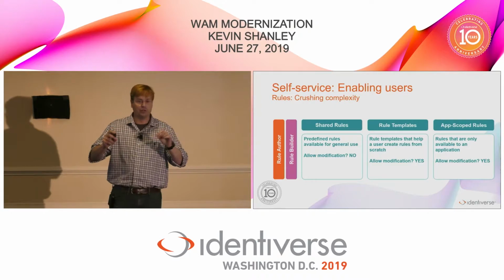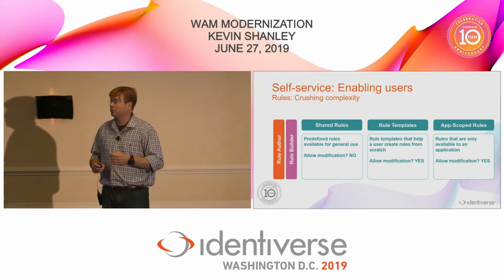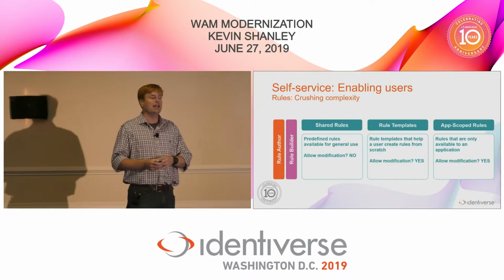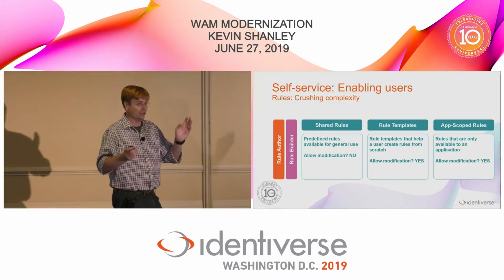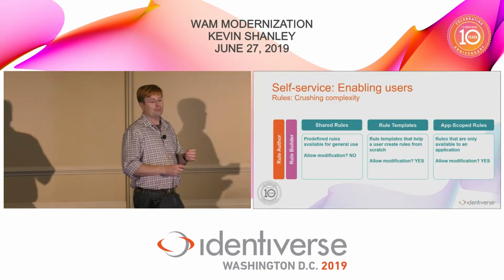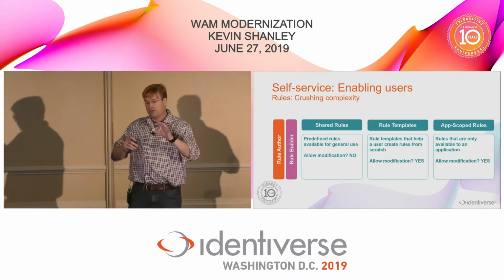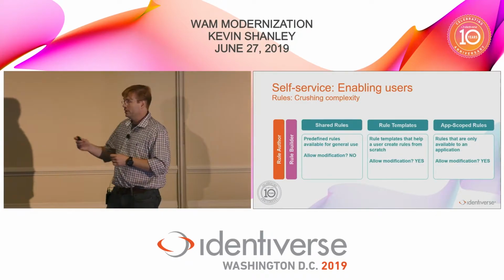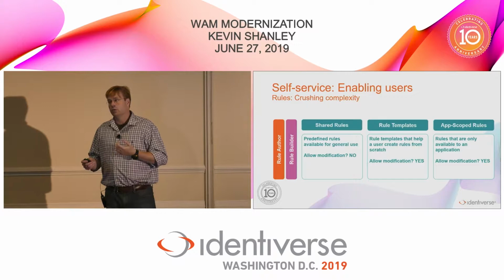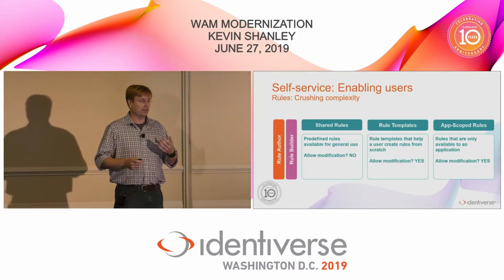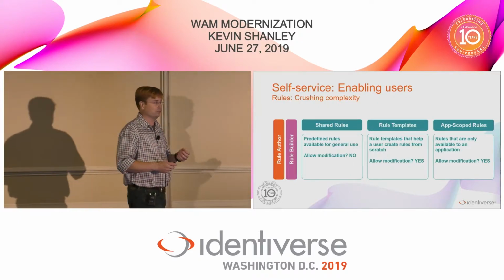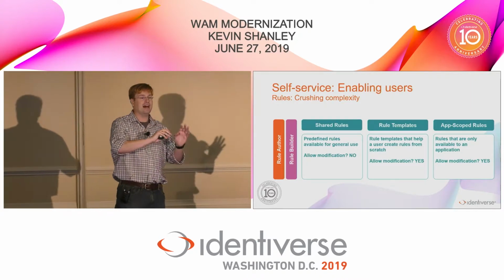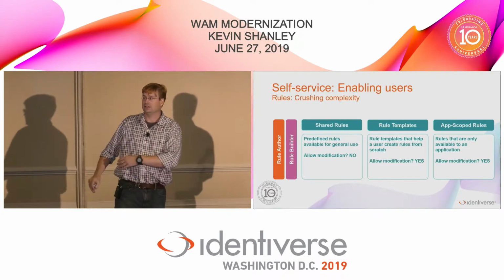We'll provide contextual help so that end users will be able to know what that rule actually does, and it's not just some rule name of local IP or something. And so we have a whole set of shared rules, but then if you do need to make your own rules, we created another thing called rule templates, where we have a whole set of templates of just a couple of the different types of rules you'd probably like to create and we hide everything else.